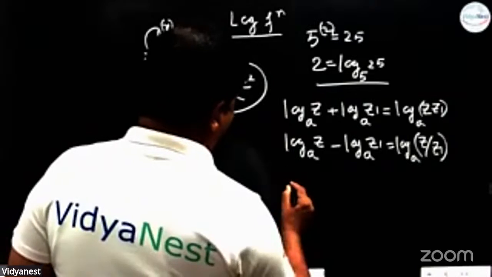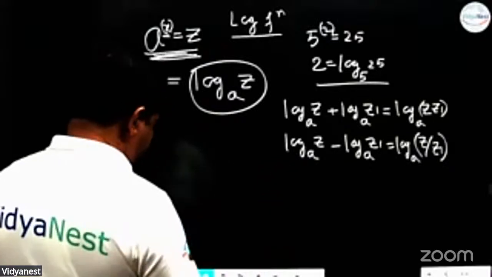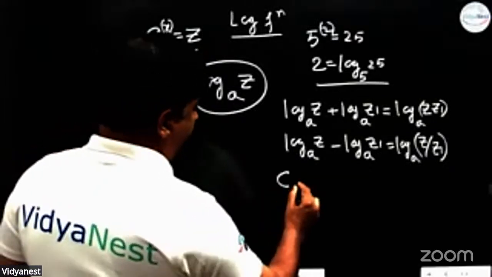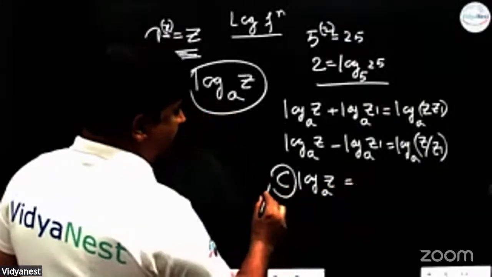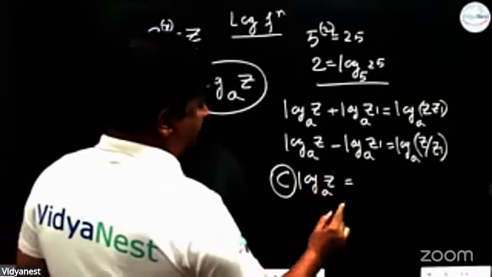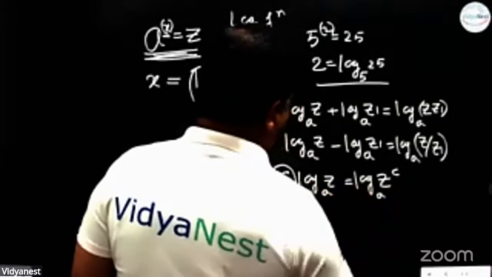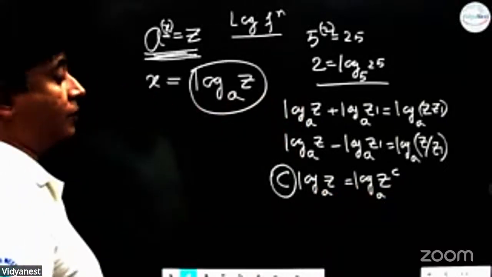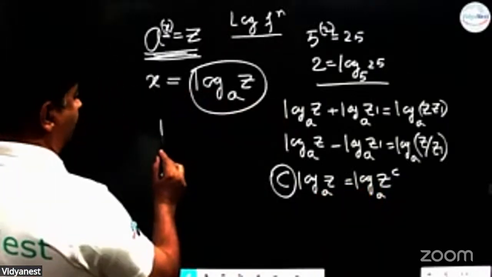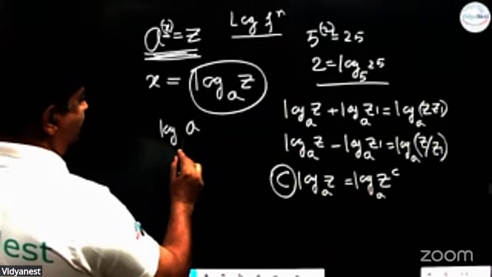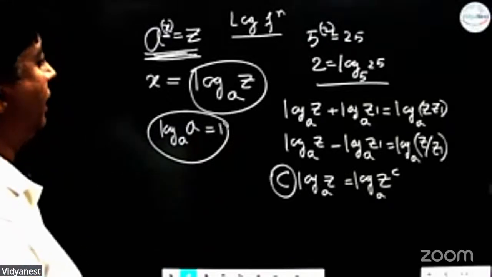Now, see, if you get c log z to the base a, what will I do with this c? c will go to the power of z. Always remember log a to the base a is always 1.